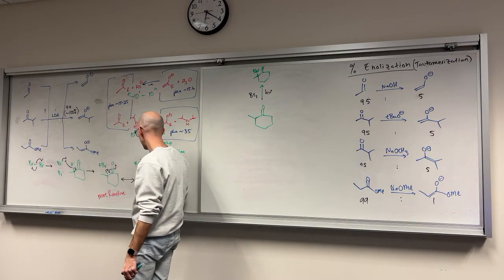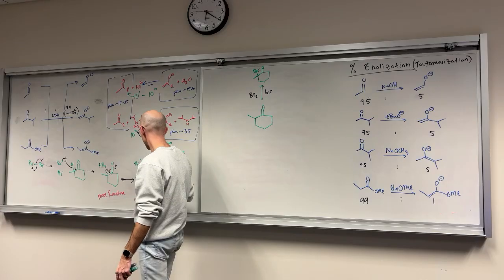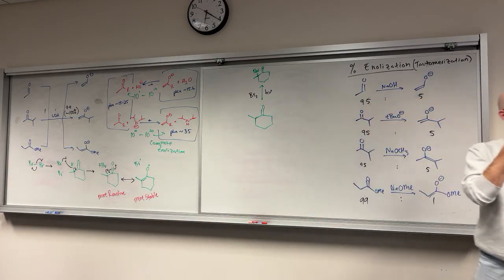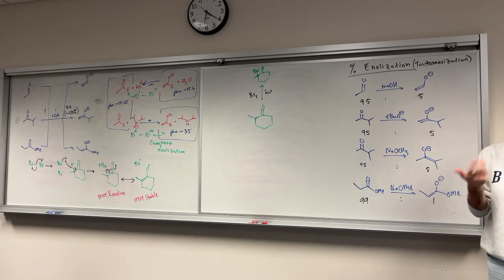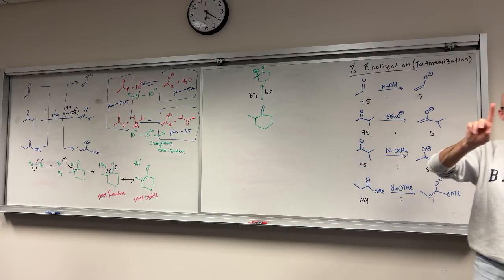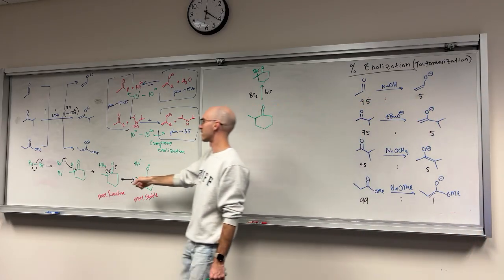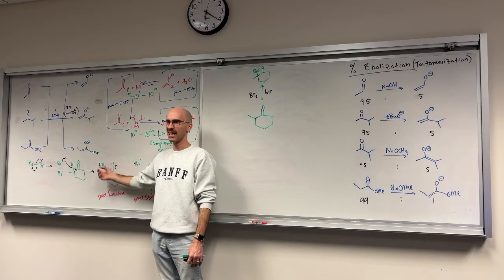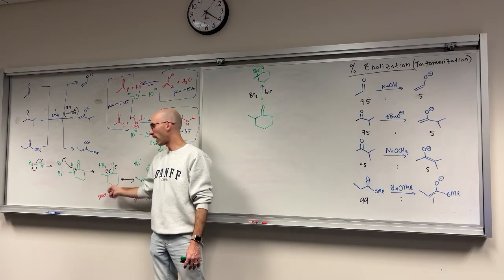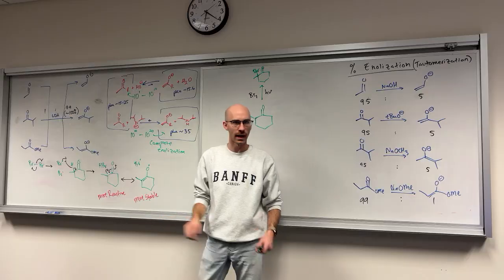More reactive, more stable. So if I want to show this second step happening, it's going to happen from the more reactive side. I don't need to redraw the earlier resonance form, but I can't double up on this. I can't show this resonance form making this product, and then go back to this resonance form and show it react.